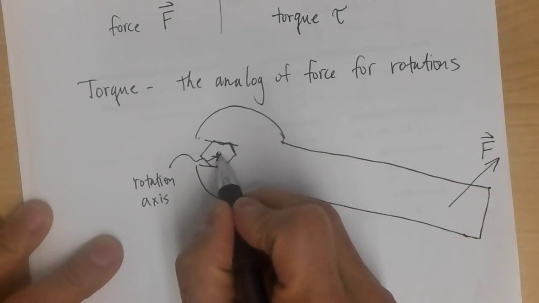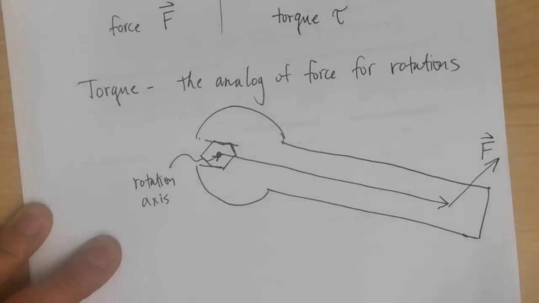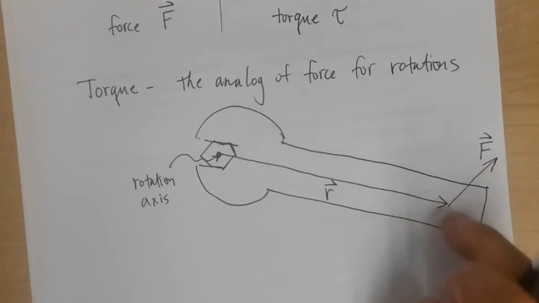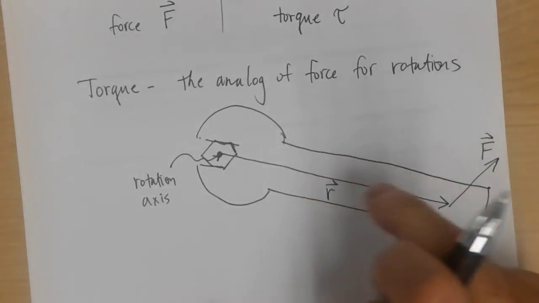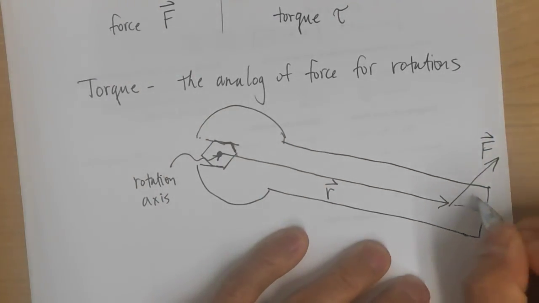I'm going to draw a vector from the rotation axis to where the force acts. This is what I'll call the R vector, the lever vector. Here's a force, here's the R vector from the rotation axis, and let's say there's an angle phi between the two.